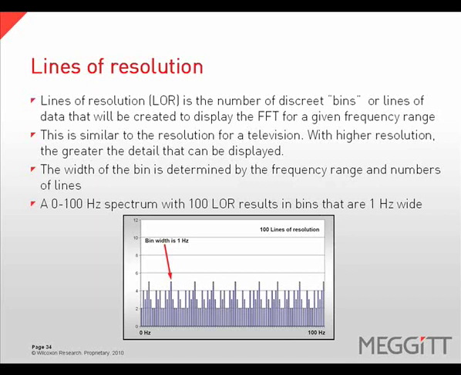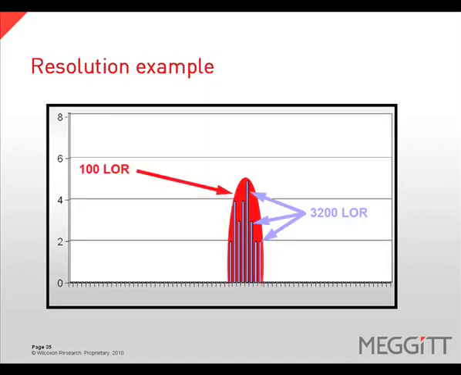A 0 to 100 Hz spectrum with 100 lines of resolution results in bins that are 1 Hz wide. In this example, you will notice that at 100 lines of resolution, all the frequencies are combined into one peak, represented by the red. If we increase the resolution to 3200 lines of resolution, we can see much more detail and can see two discrete frequencies closely spaced together.